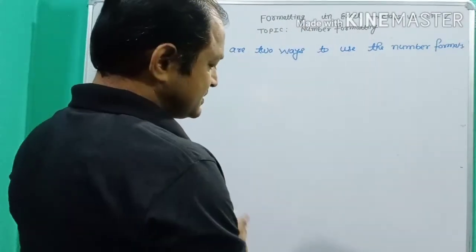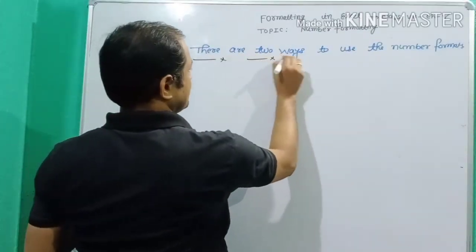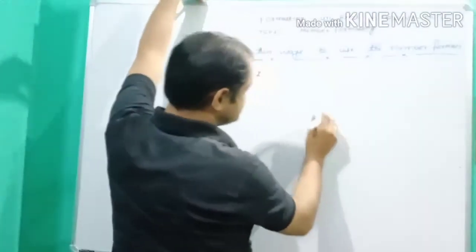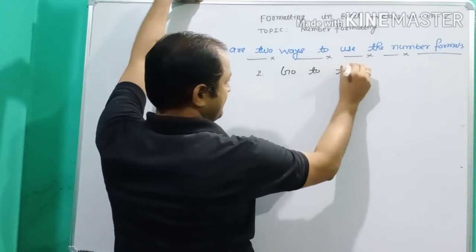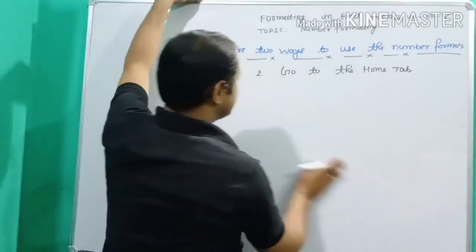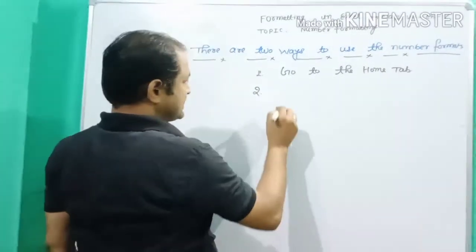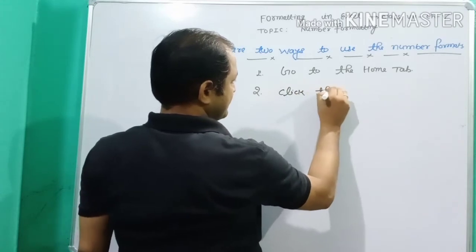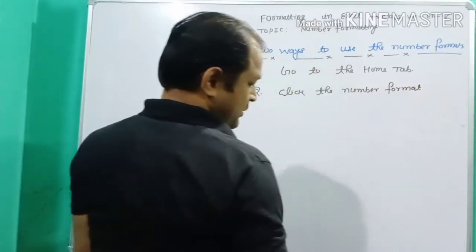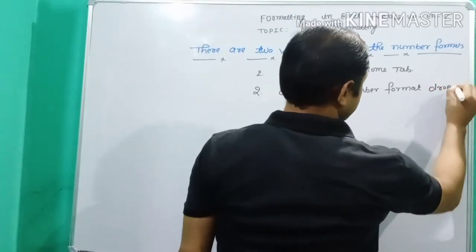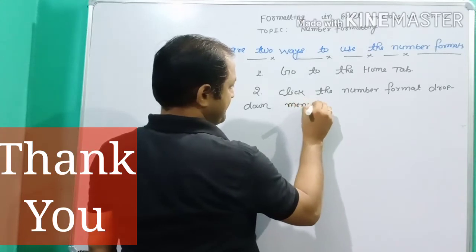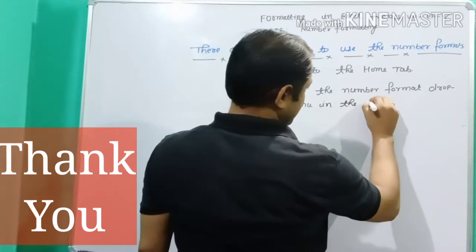First, go to the Home tab and click the number format drop-down menu in the Number group.